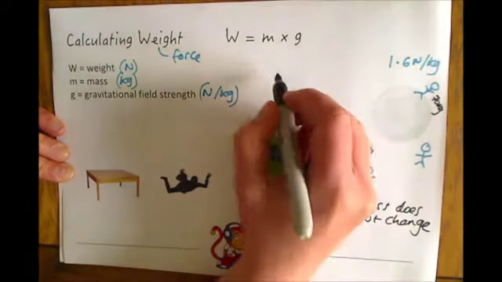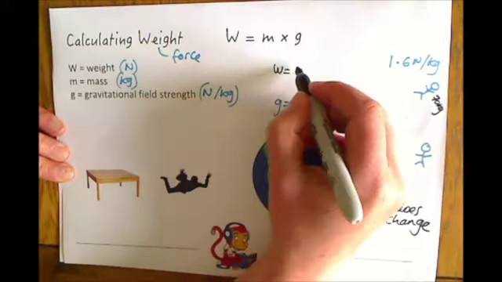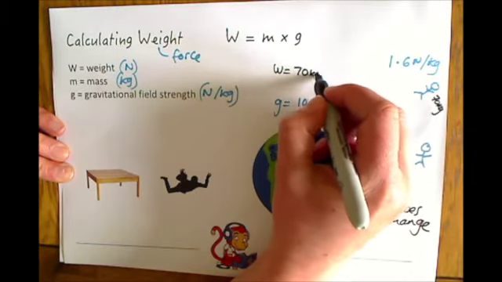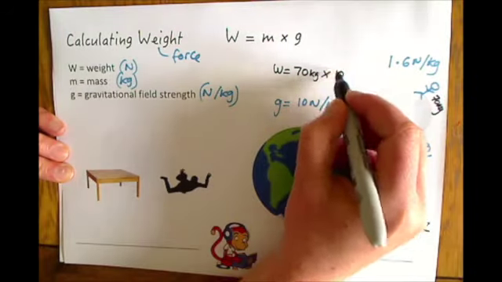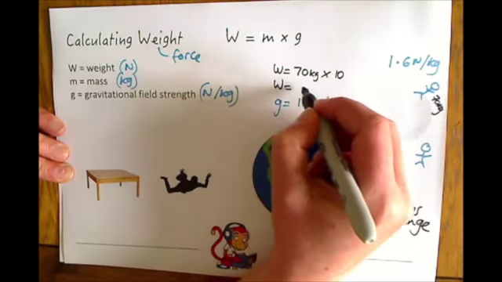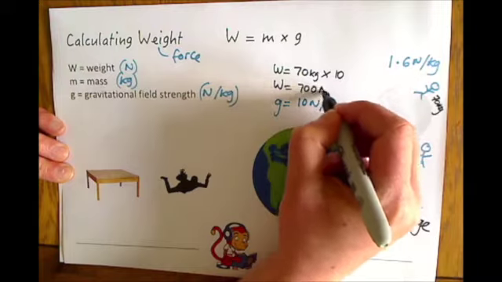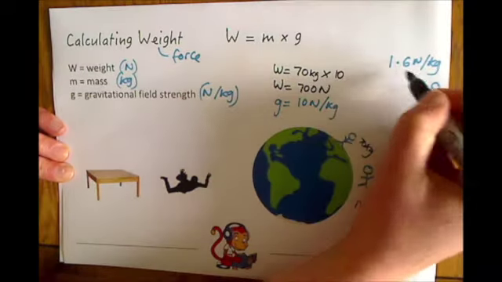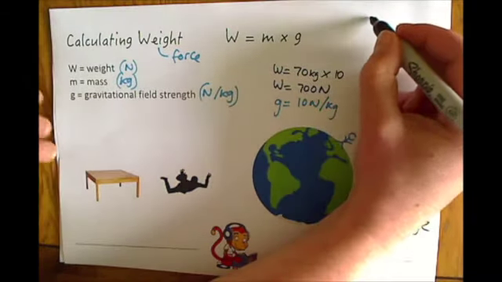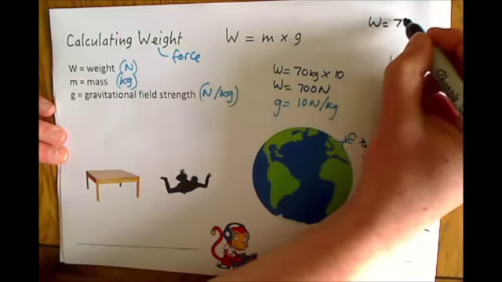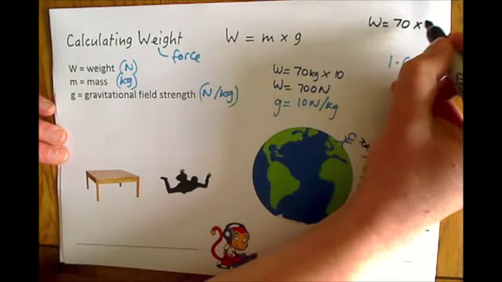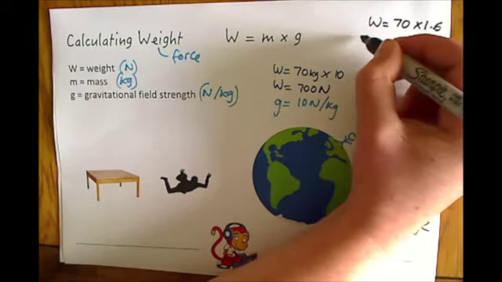We can see that on Earth the weight would be 70 kilograms times the gravitational field strength, which is 10. So his weight would be 700 newtons. Whereas on the Moon, his weight would be 70 kilograms, because that's the same mass still, multiplied by 1.6.